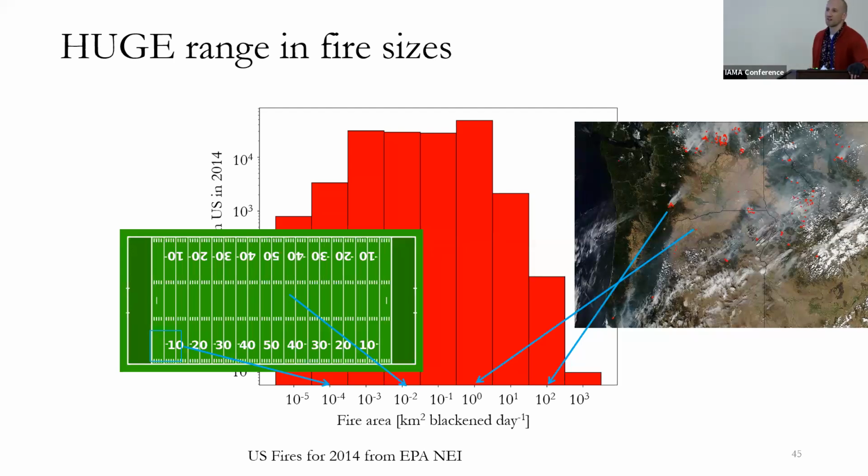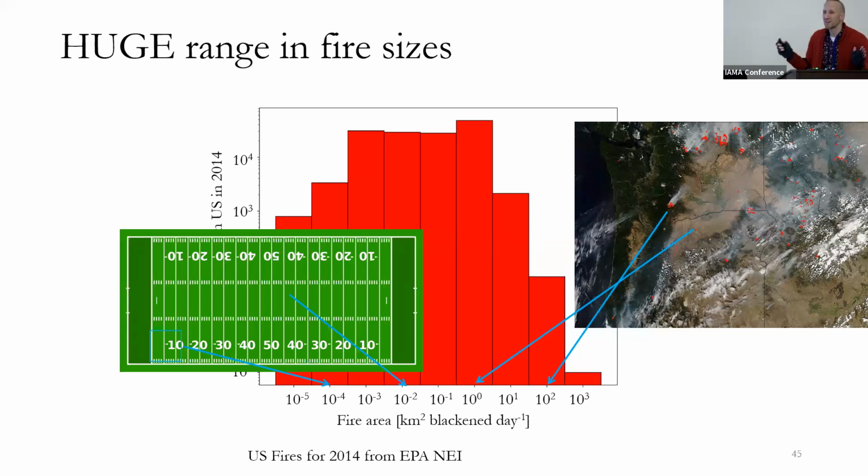As we move down, we get into the prescribed fire range, and football field size is still represented here. And then we get to bonfire size at the end of this emission inventory. These are probably supremely undercounted in the inventory, because how do we keep track of the number of campfires? We don't. So it starts falling off here, but there are probably a whole lot more. So think about the differences in the fires. It's just amazing, the huge span in fire sizes.